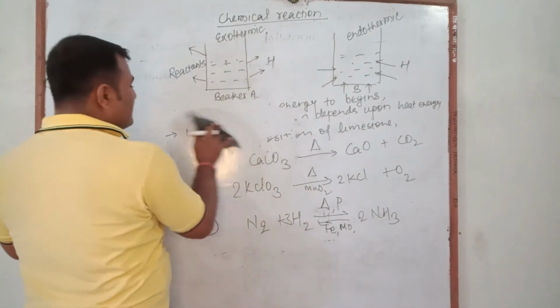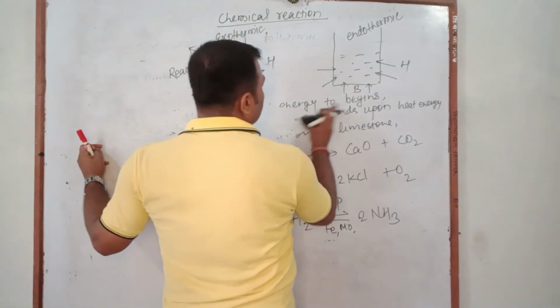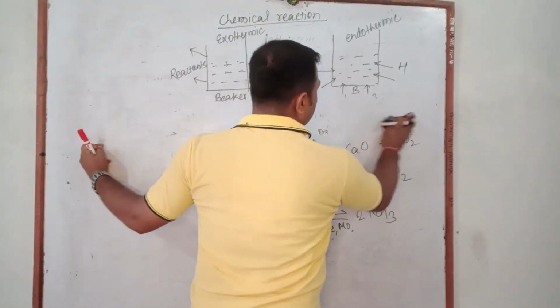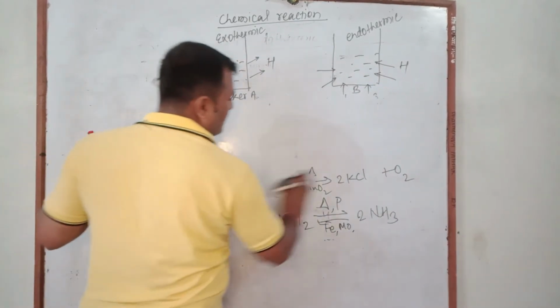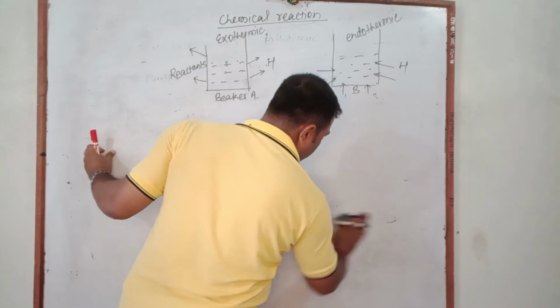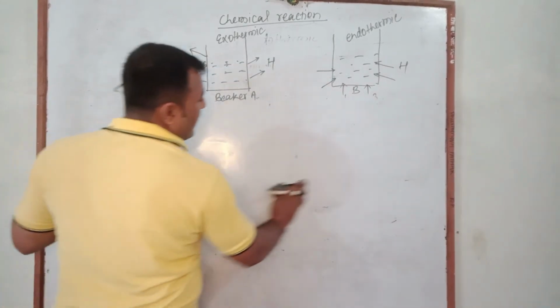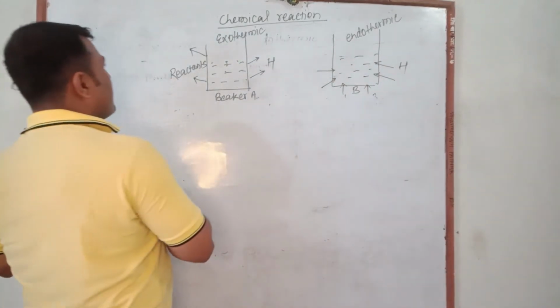Another type of chemical reaction is classified on the basis of direction of change. On this basis, reactions are classified into two types: irreversible and reversible reactions.